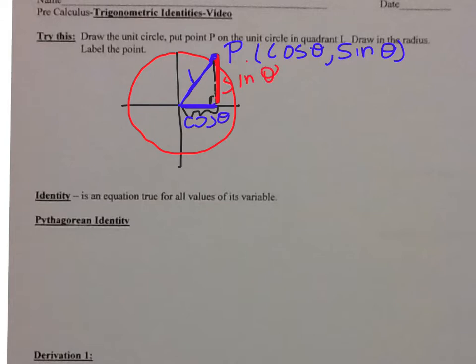Then, since it is a right triangle, I know this must be true: a squared plus b squared is equal to c squared, which is the Pythagorean theorem.